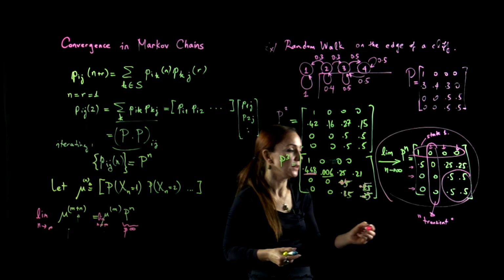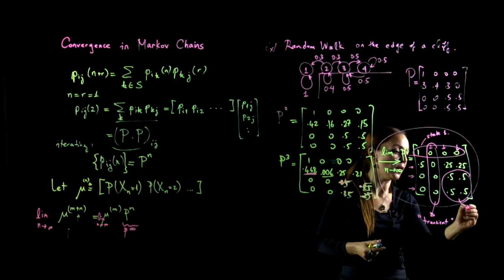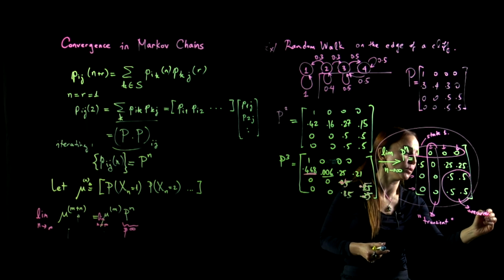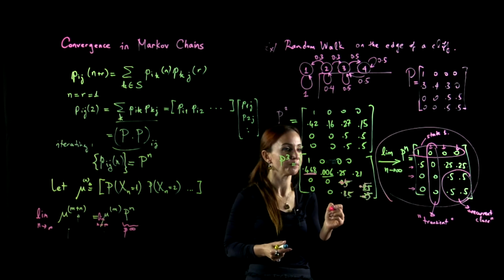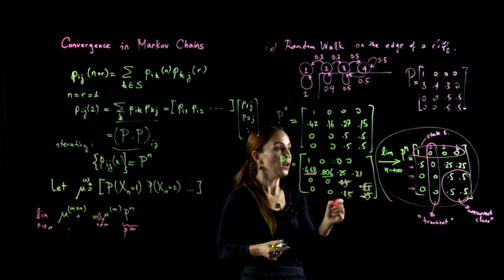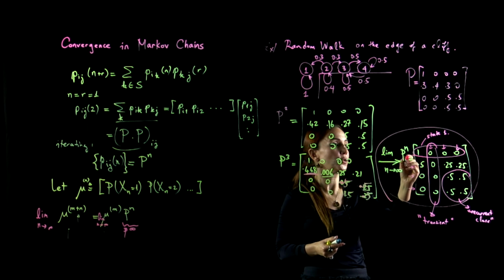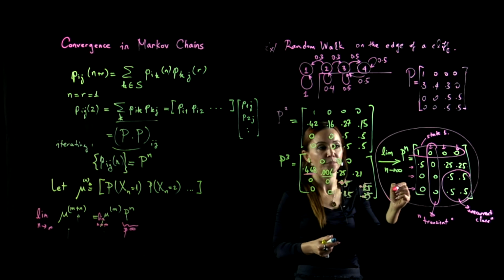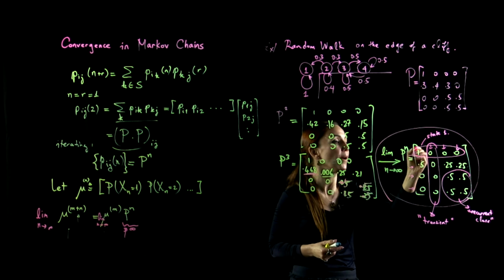So basically this signifies that 3 and 4 are a recurrent class, which we will define formally in the next lecture. Okay. Of course, state 1 is a recurrent class itself as well. State 1 is a recurrent class by itself.